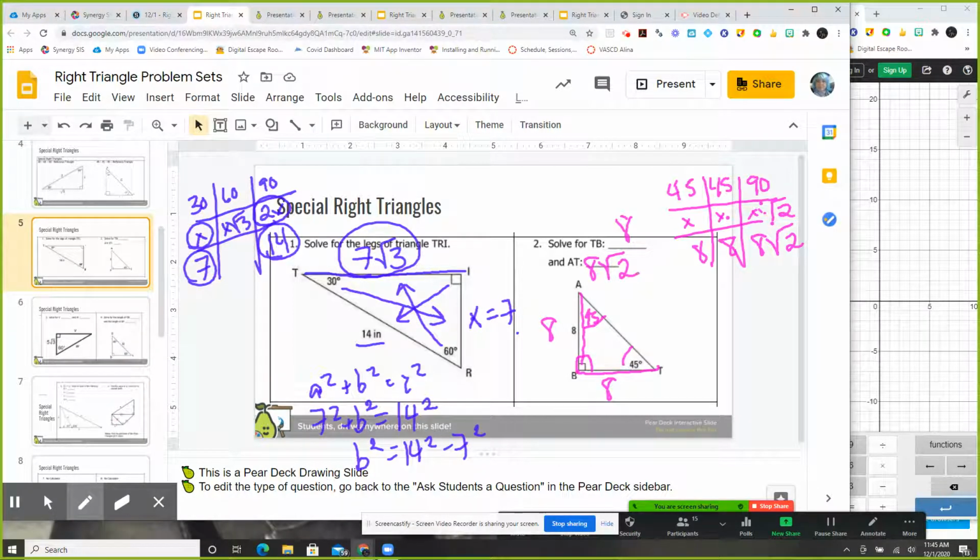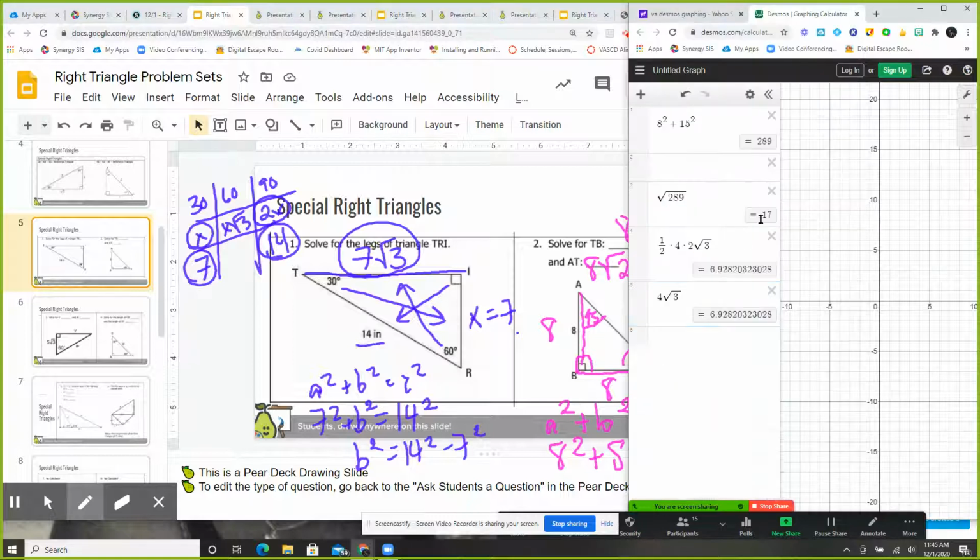Pythagorean theorem works just as well. So if this makes the hair on the back of your neck stand up, which I totally get, do a squared plus b squared equals c squared. And we can do 8 squared plus 8 squared, those are our legs, equals c squared. And then we come over to our calculator.